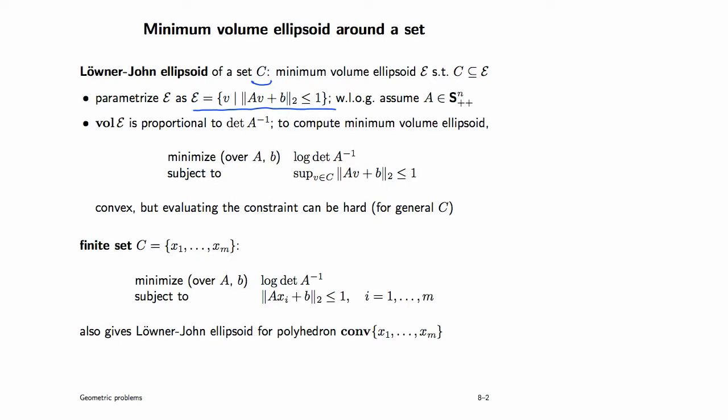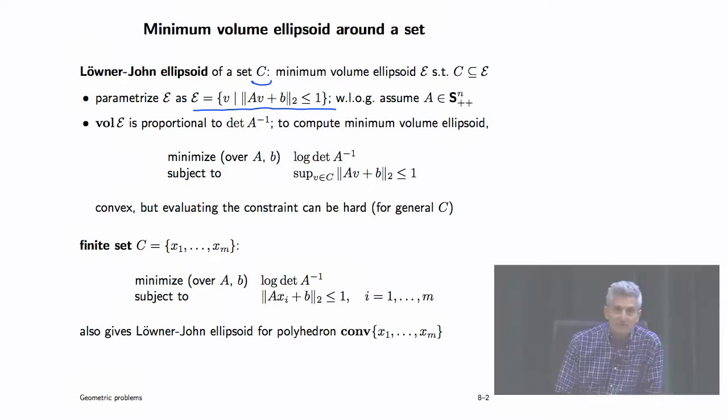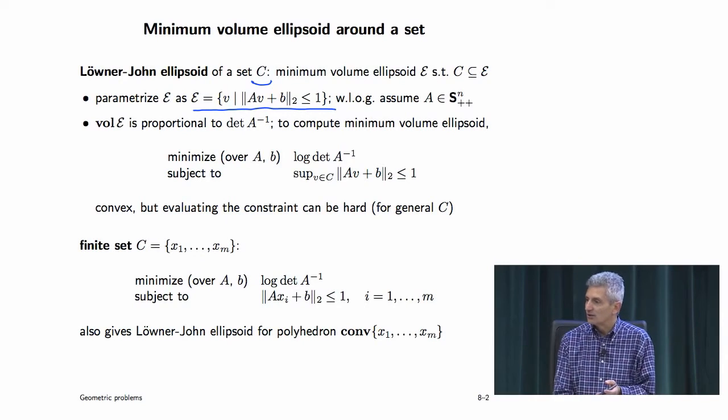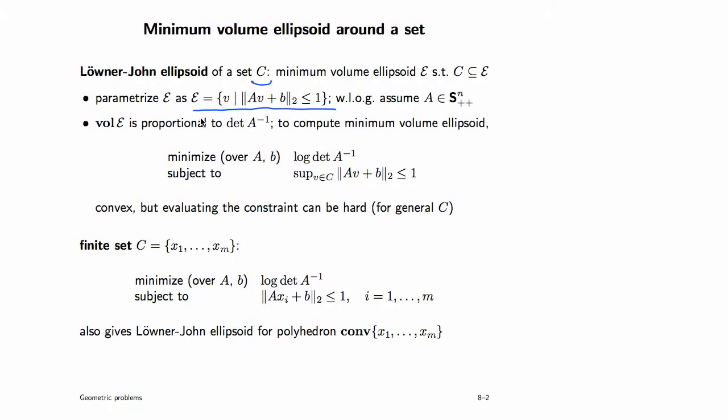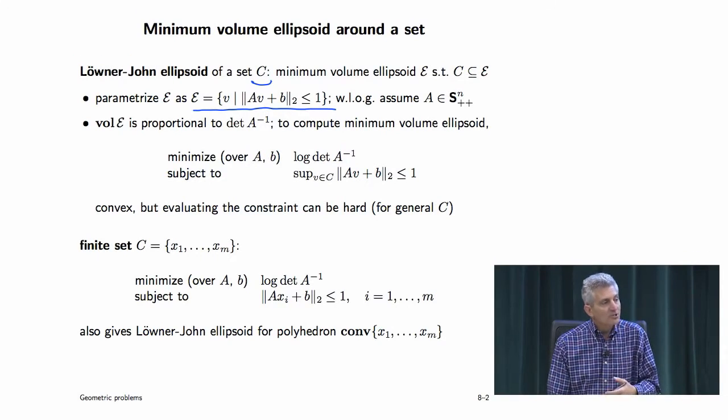Okay. Now, the argument there, I'm just going to go over it very briefly here. So this is going to be a little obscure, but hopefully you can follow. The argument is this. I can multiply A and b on the left by any orthogonal matrix, and it will define the same ellipsoid. Everyone agree with that? Because it doesn't change the norm. But if that's the case, I can take an arbitrary non-singular matrix, multiply on the left by an appropriate orthogonal matrix, and make it symmetric positive definite, right?